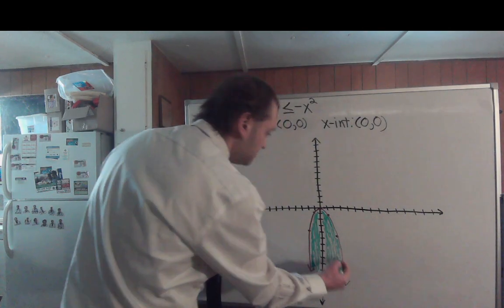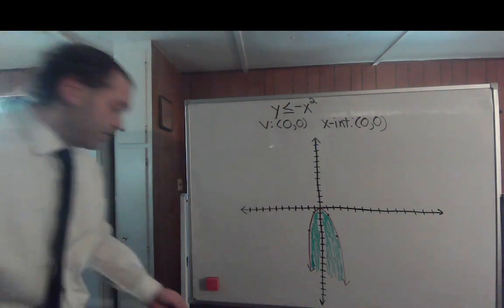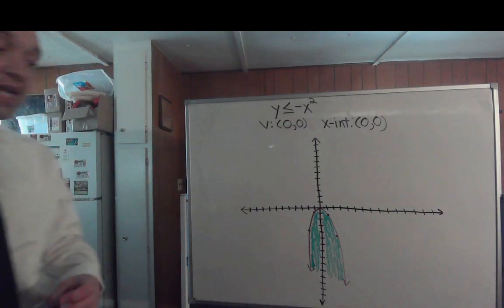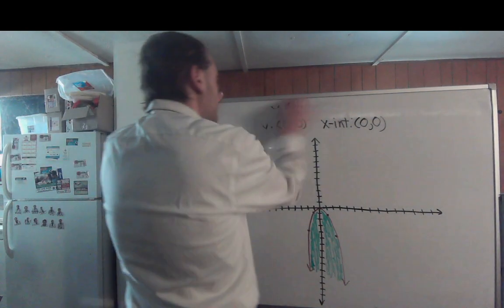All right. So you would shade that region underneath the parabola since y is less than or equal to negative x squared.